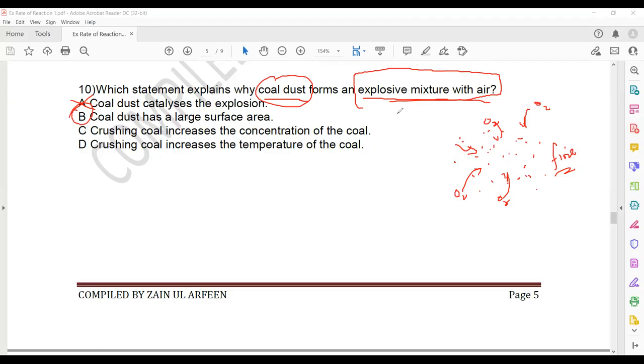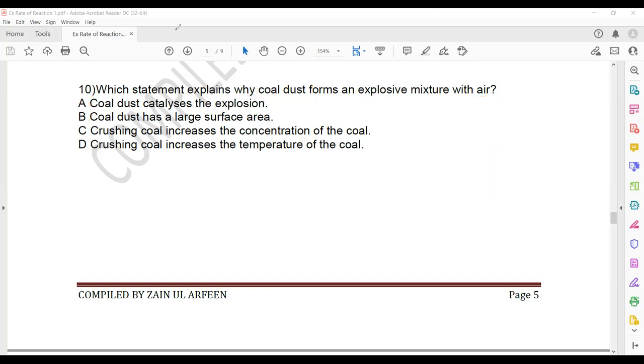Is it clear? Question 10. A coal dust forms an explosive mixture, or it can catch fire easily, because the coal dust has very small particles, so they have large area and it can burn easily.